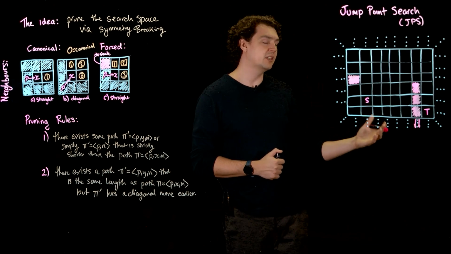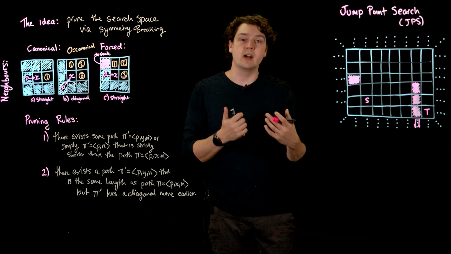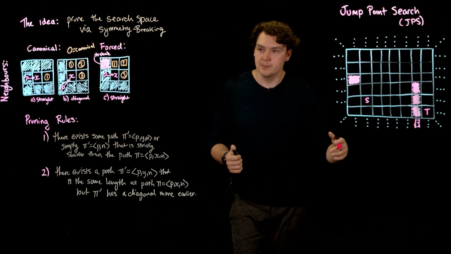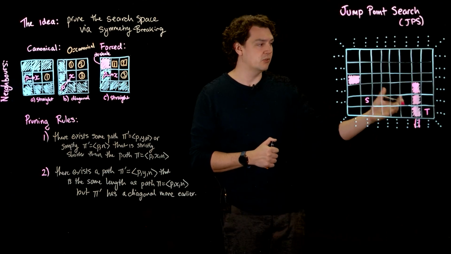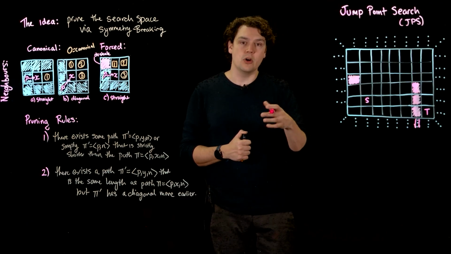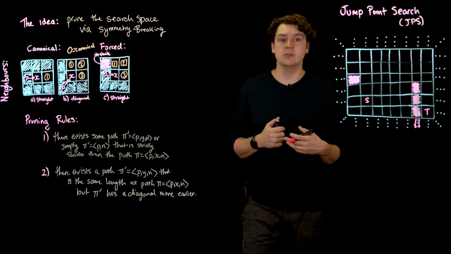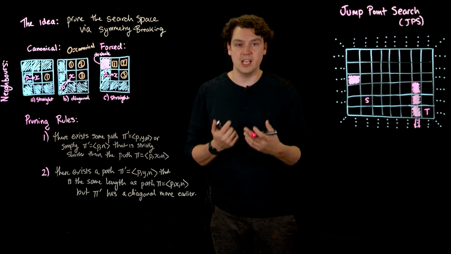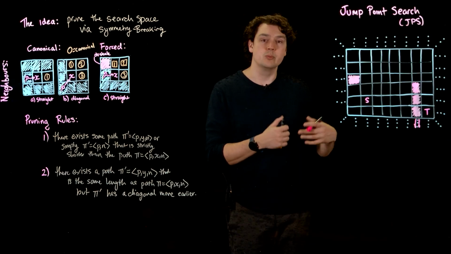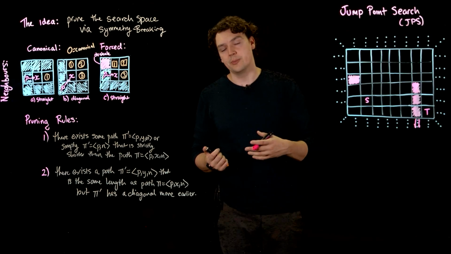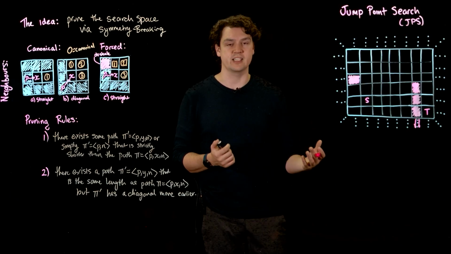That really means we're dramatically reducing the branching factor of the problem, we're very quickly reaching areas of importance, and we're generating far fewer nodes along the way. That also reduces the amount of heap operations we need to do to put things into the open list, to sort them in the open list, to pop them out, things like this.